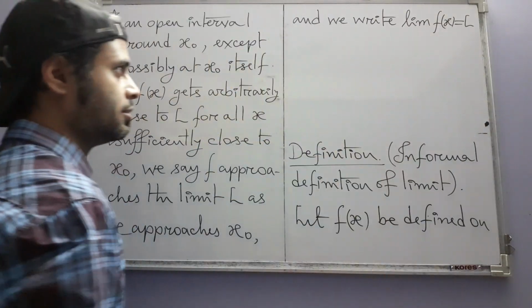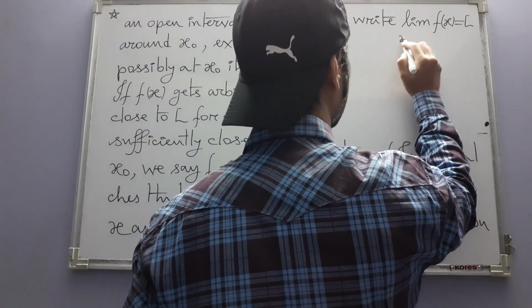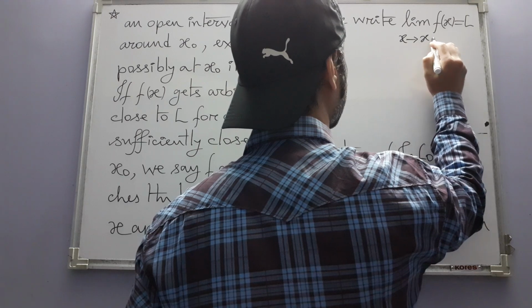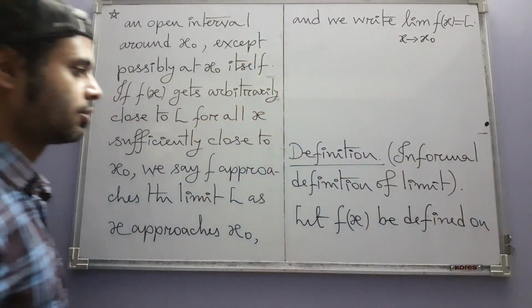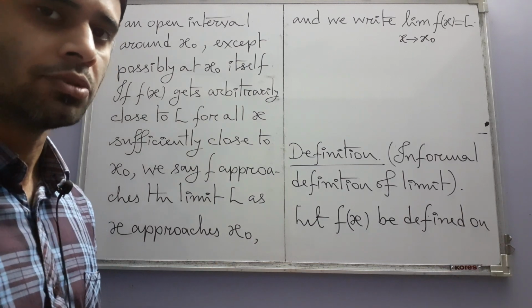And we write like this: limit of f(x) is equal to L as x approaches x naught, or x tends to x naught. Okay, now let us dissect this definition.